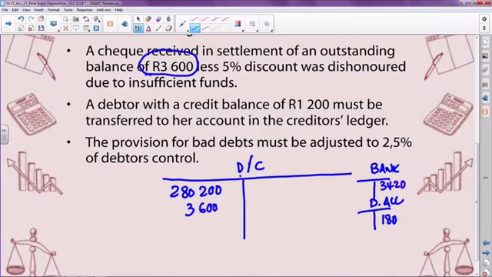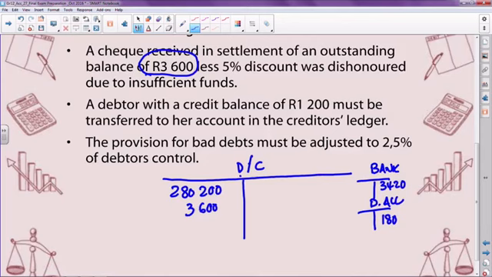Now the reason I'm showing you these entries on the side is to make you aware that because there was a discount allowed involved, the contra entry affects three accounts. You would debit debtors control with the full amount of 3,600, and you would credit bank with 3,420, and you would credit your discount allowed with 180 Rand.